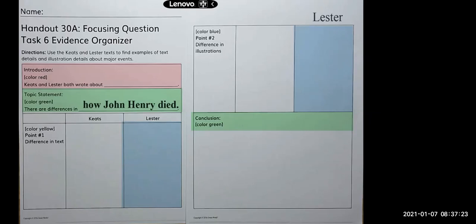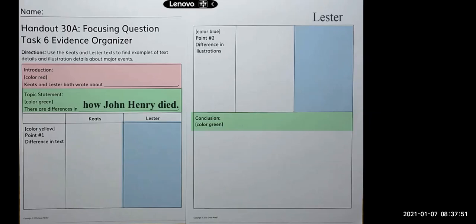So that needs to be our topic statement, that Keats and Lester both wrote about John Henry. And then our topic statement we already have is there are differences in how John Henry died. So our conclusion needs to restate that. So we can do that closer to the end.